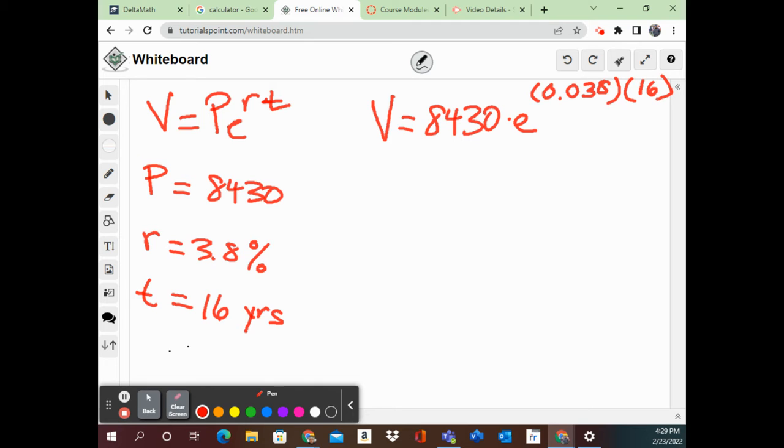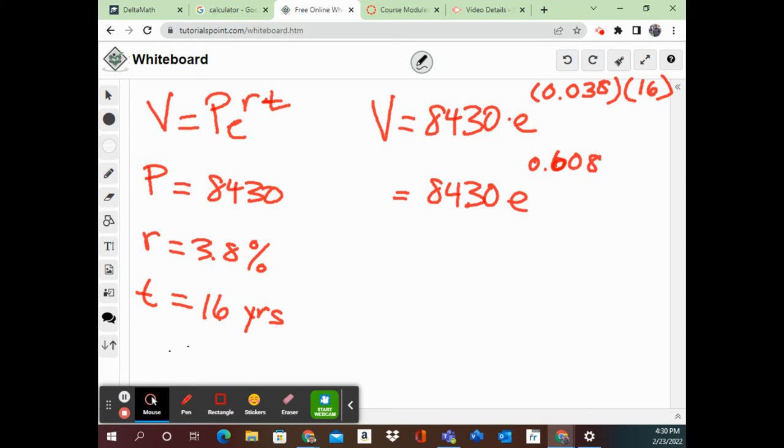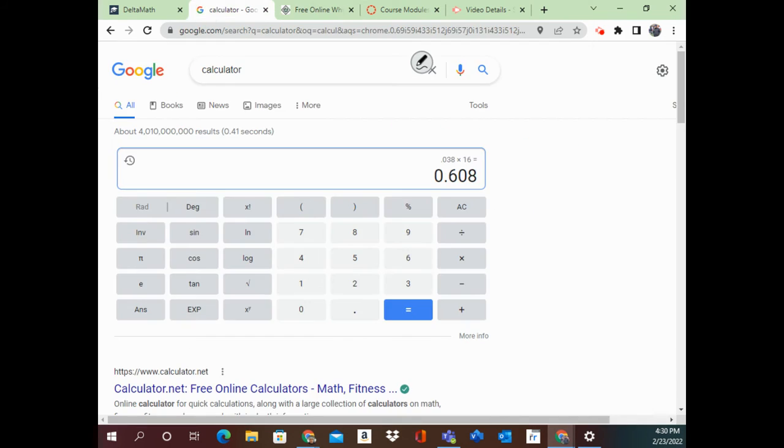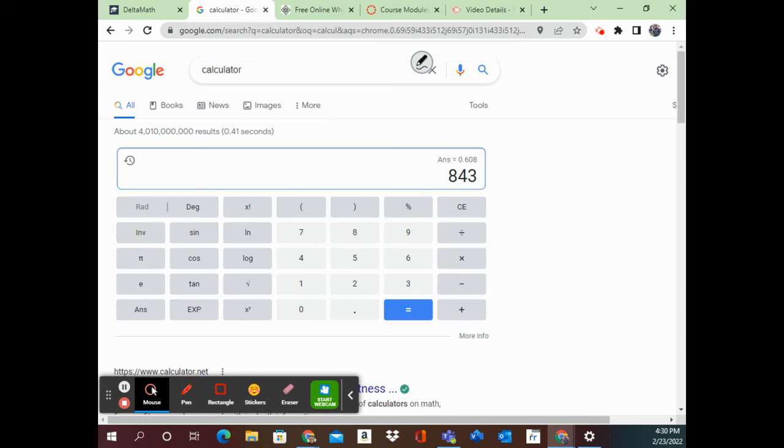Normally what people would do is multiply the 0.038 and 16 together. After multiplying 0.038 and 16, we get 0.608. And we're going to type it into the calculator just like this: 8430 e raised to the power 0.608.